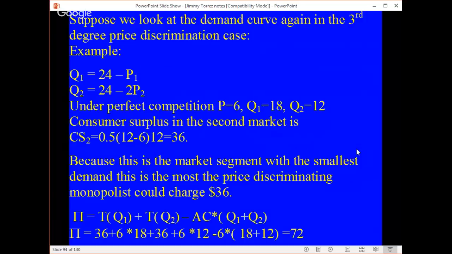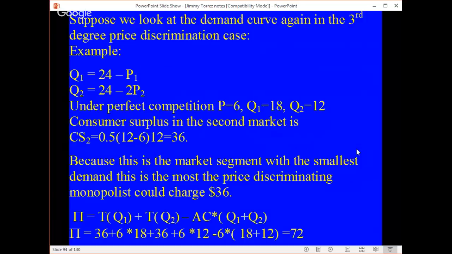That would be the profit-maximizing level of second degree price discrimination if I was able to figure out what this consumer's surplus is, and I charge P times Q, the per use fee, and then a membership fee.